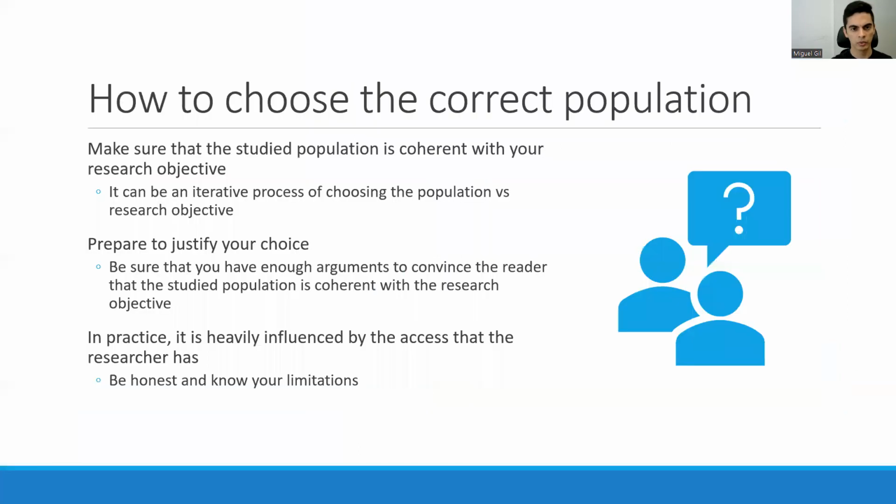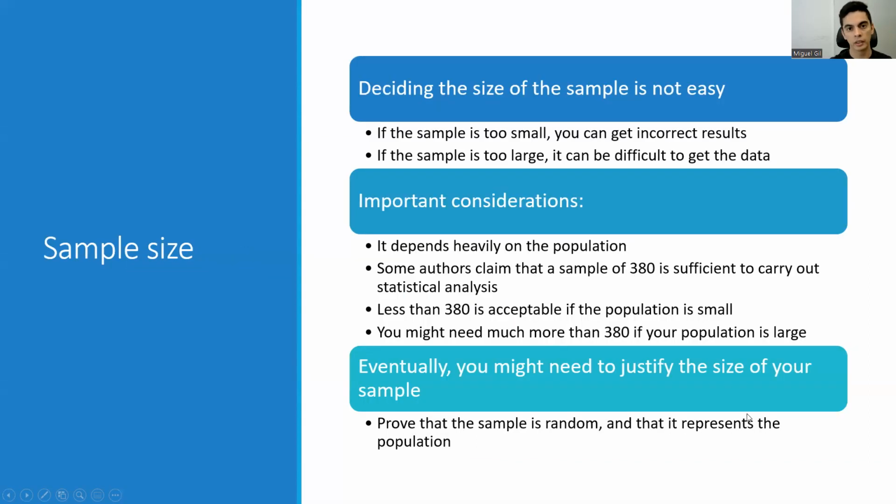Like I mentioned before, when you choose your population, you should be ready to justify it in your thesis. It's the same thing here. You should also be able to justify the size of the sample that you're using. And this is all about sample size, but what about the other important thing?